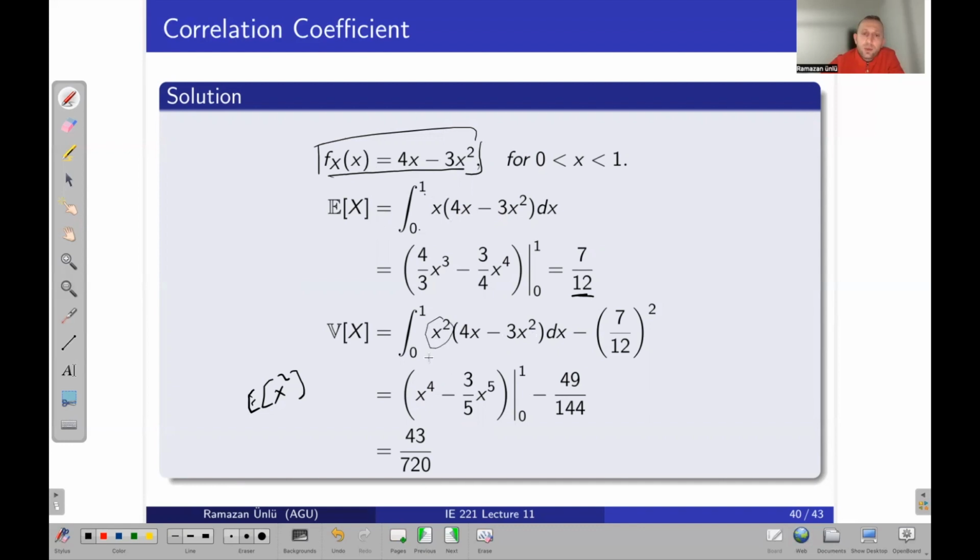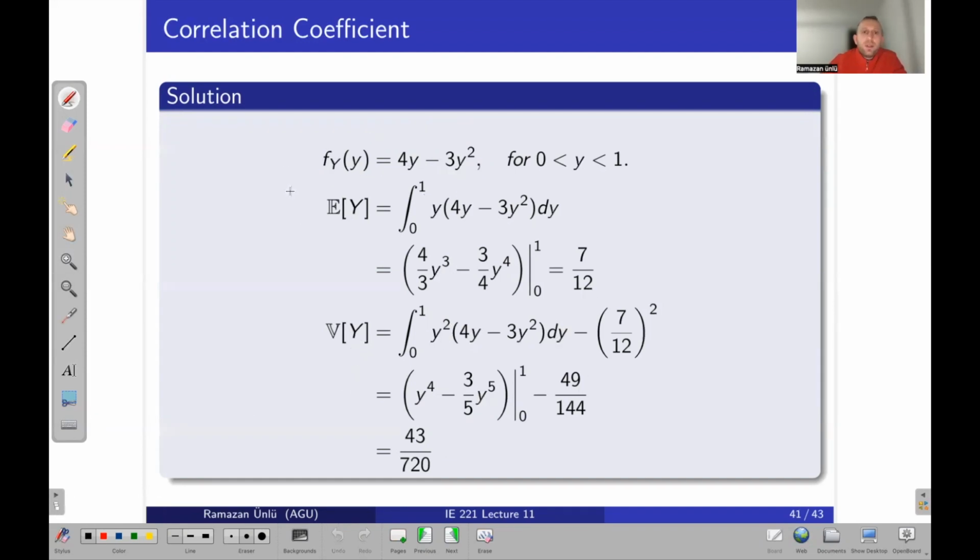And we have already calculated the expected value of x to calculate the variance. We just need the square of the expected value of x. You will end up with this value, 43 over 720. Okay, so that is the variance of x.